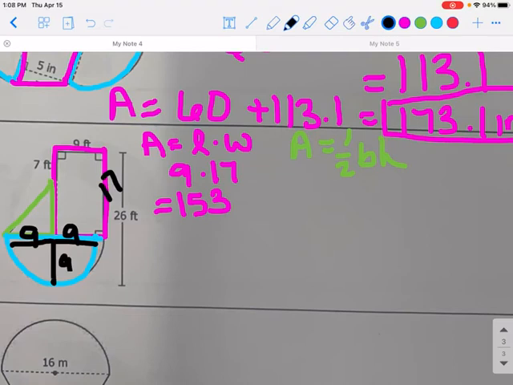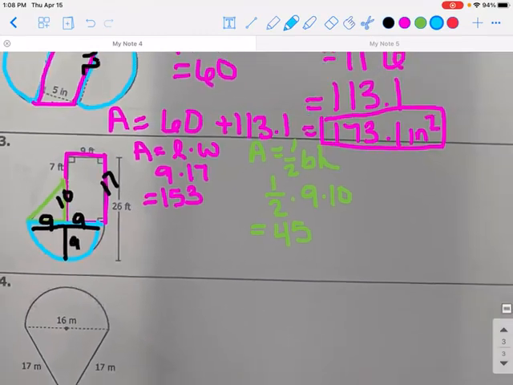The right side of the rectangle is 17. On the left side, they've labeled 7, which means I have 10 remaining down here. So I know it is 1/2 times 9 times 10. Half of 9 times 10 should be 45. Okay, 2 out of 3.